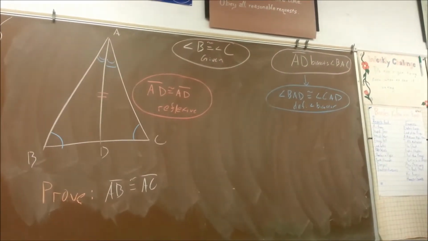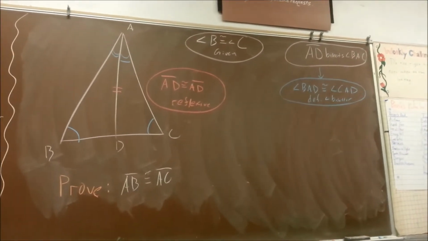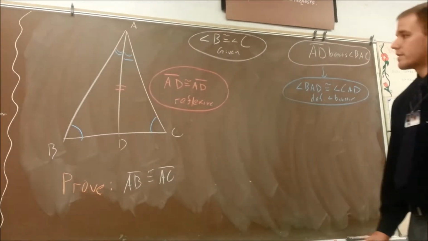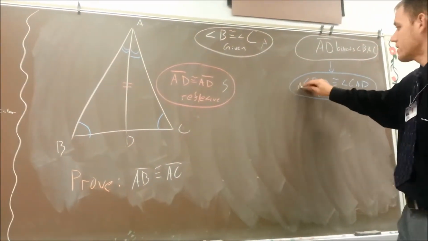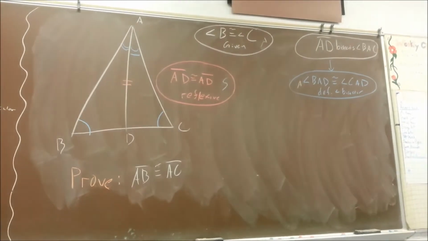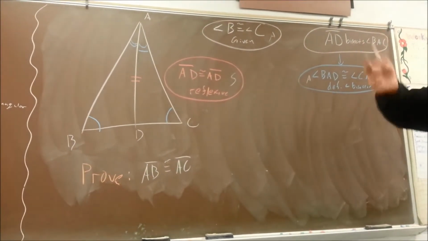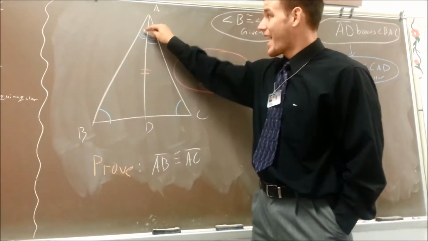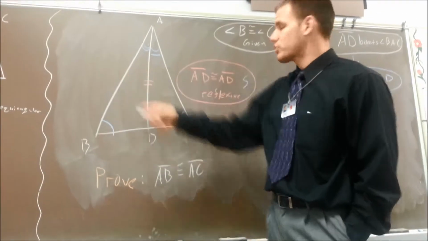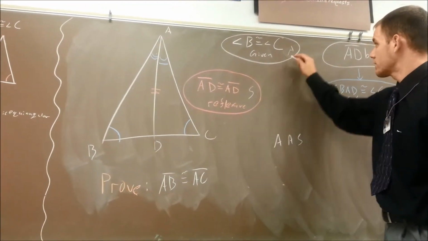Fantastic. So, this time we're not using SAS though, are we? Well, this is a side, this is an angle, this is an angle. What are we using? Everybody shout it out. Angle, angle, side. Side's not in between. So we're going to use angle, angle, side.